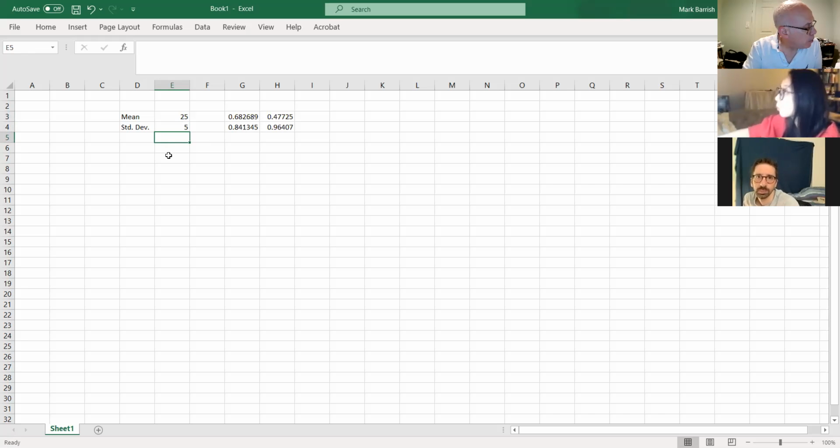Now let's look at 7.11. This is sort of a word problem. It's on the same page. To be honest with you, in word problems, unless it's a very complicated situation, it's pretty much blah, blah, blah, mean, blah, blah, blah, standard deviation.